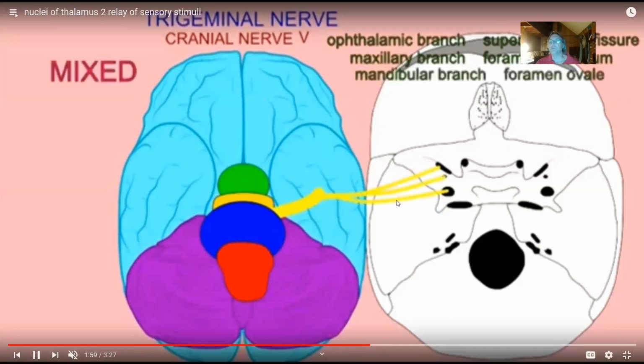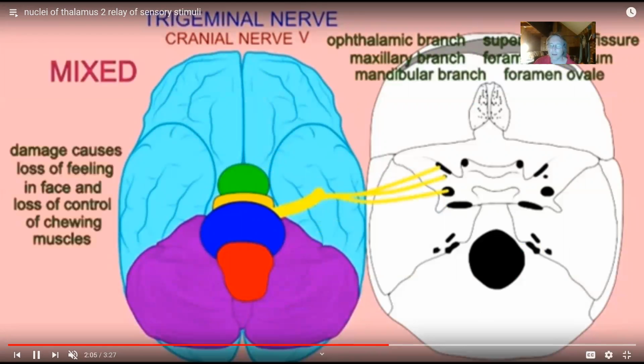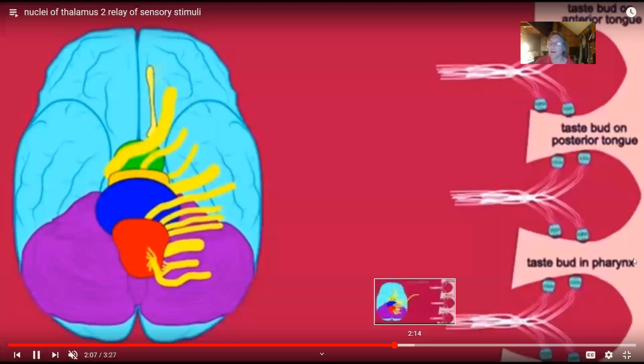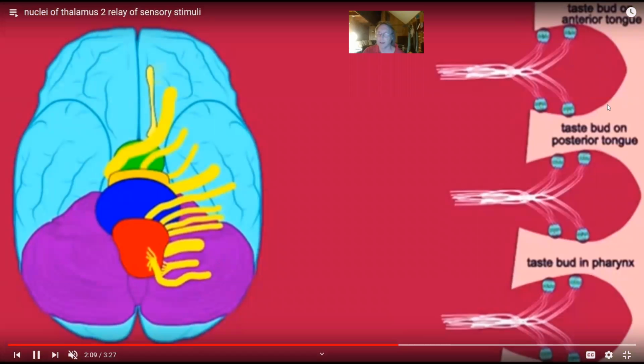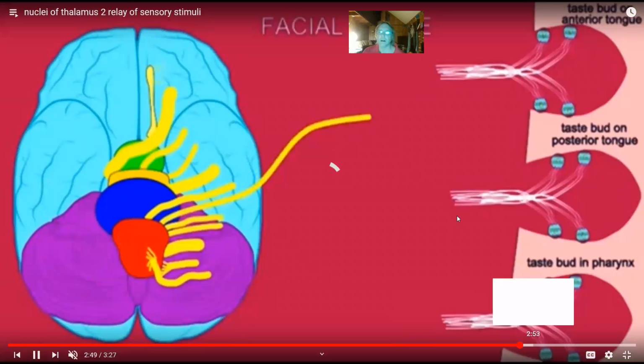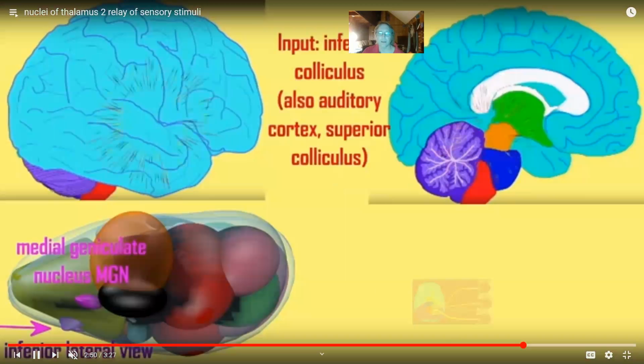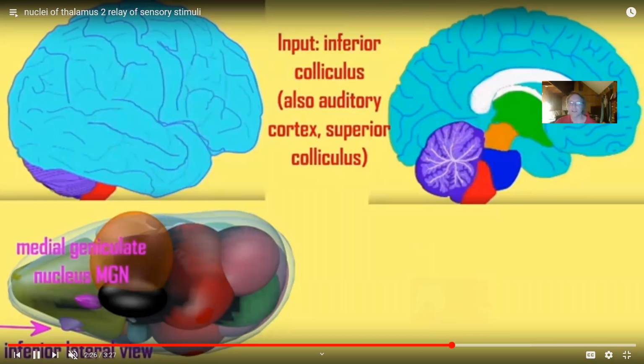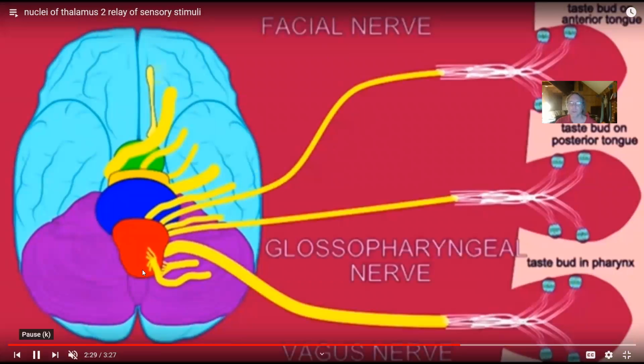So the trigeminal nerve is responsible for those inputs, allowing us to feel our face. And then there are a couple of different cranial nerves which contribute to our sense of taste. So I would include the facial nerve, the glossopharyngeal nerve, and the vagus nerve, all contributing to taste.